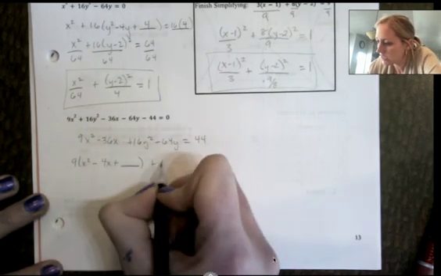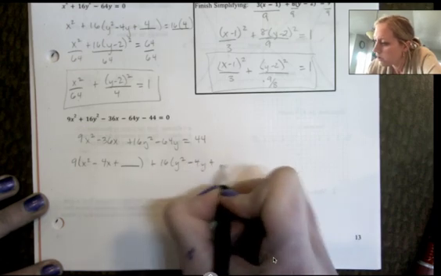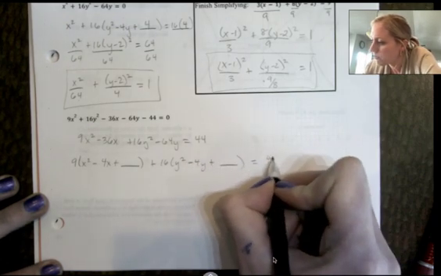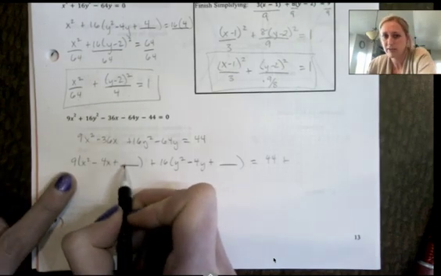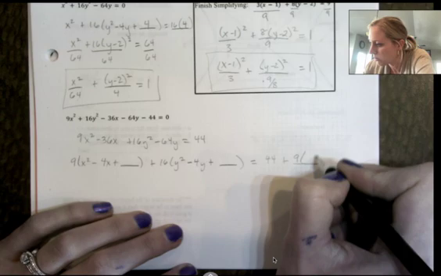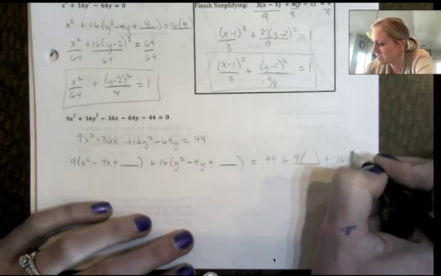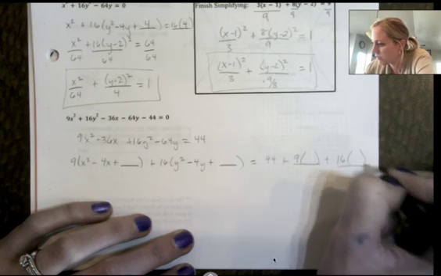Factor out a 16. We did this one kind of up above. Equals 44 plus, whatever I add over here is being multiplied by 9, so we got 9 times whatever. And whatever I add here is being multiplied by 16, so we got 16 times whatever.